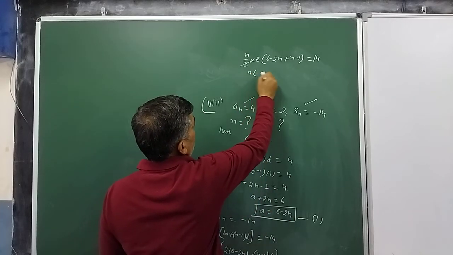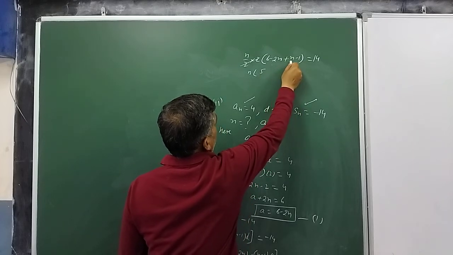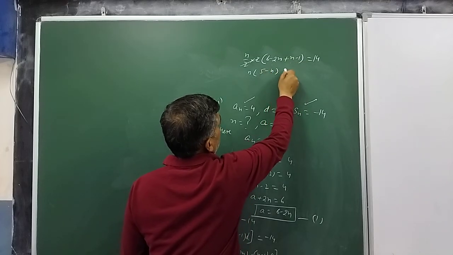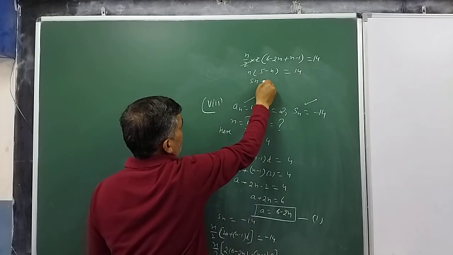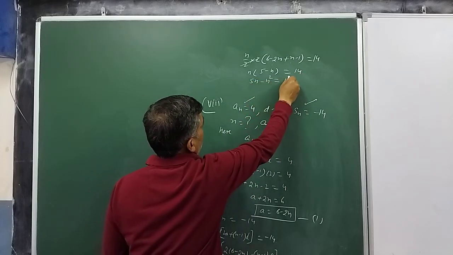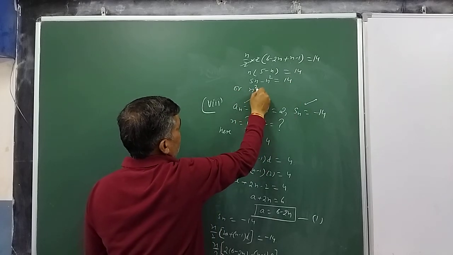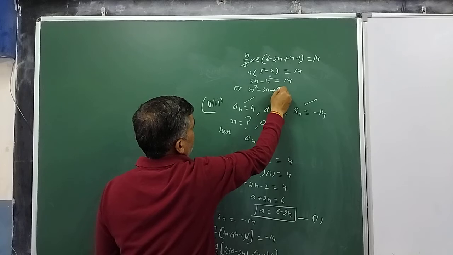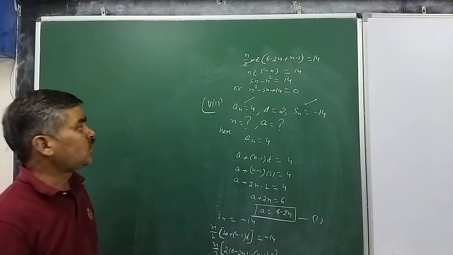This is n into 6 minus 1 is 5, minus 12 plus n is minus n, is equal to 14. Again the quadratic is there, 5n minus n square is equal to 14, or you can say n square minus 5n plus 14 is equal to 0. So this you can solve.